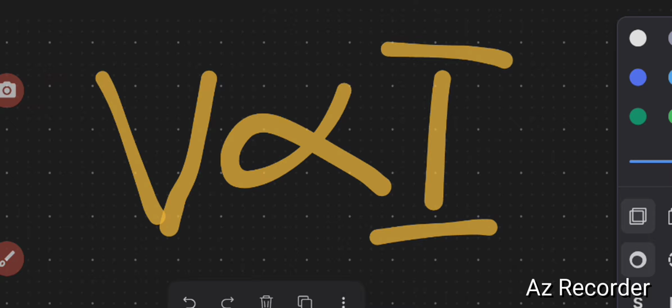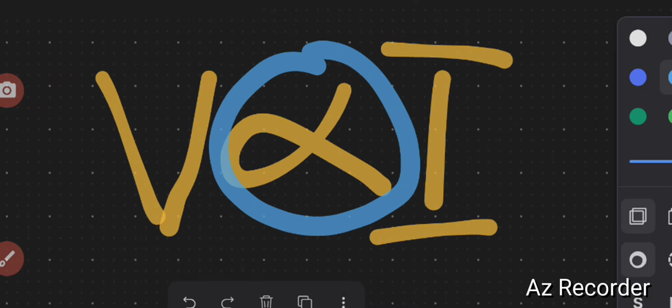This sign here is the sign of proportionality, okay? And there is something about the sign of proportionality. Whenever we introduce the sign of proportionality, there is a condition attached when we are taking it off.